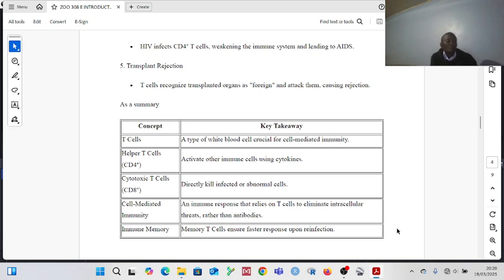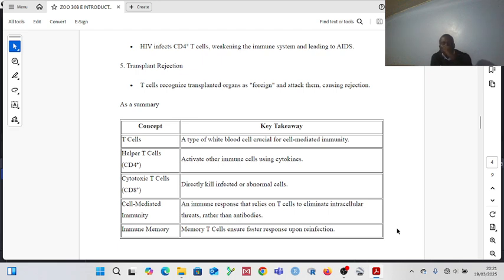Then our cell-mediated immunity is an immune response that relies on T cells. It does not rely on antibodies, but it relies on T cells. So cell-mediated immunity relies on T cells to eliminate intracellular threats.